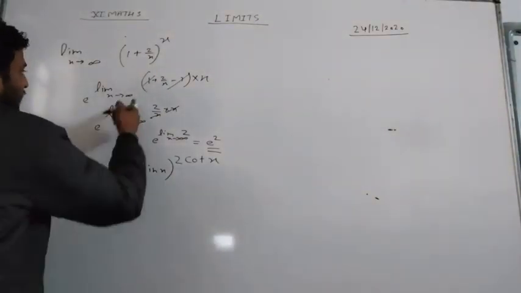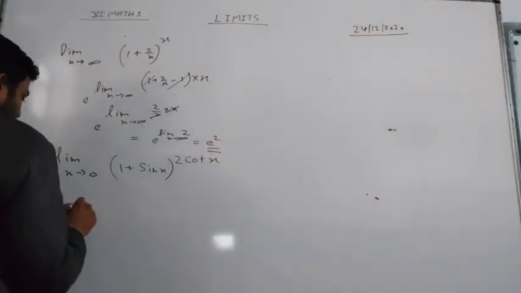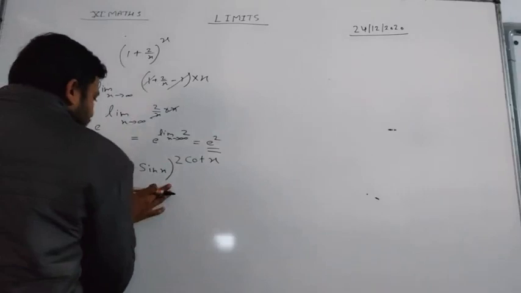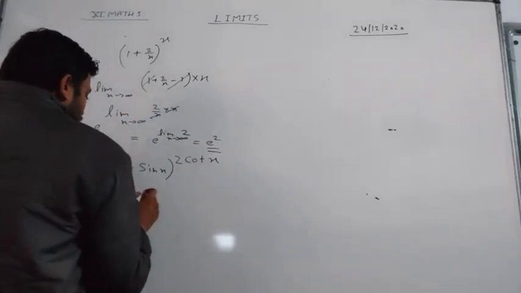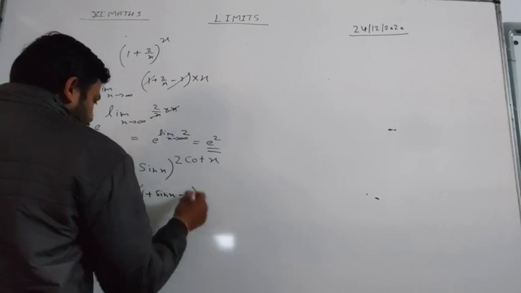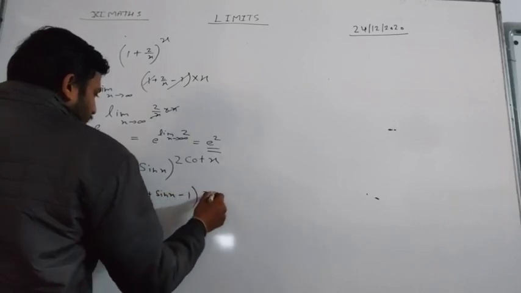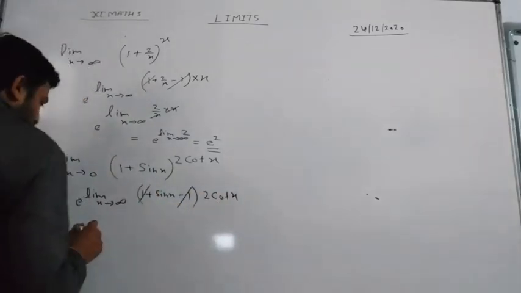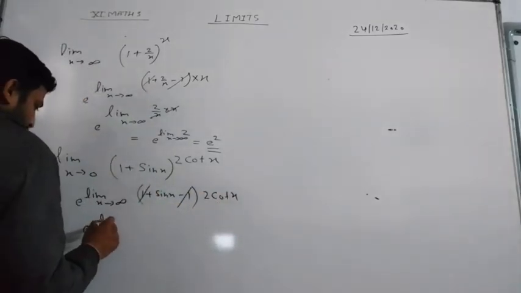So we will apply this method, under which we write e to the power limit x tends to infinity, and this is f(x) and this is g(x). So we write f(x) minus 1 into g(x). Okay, now this part and this part will be cancelled.